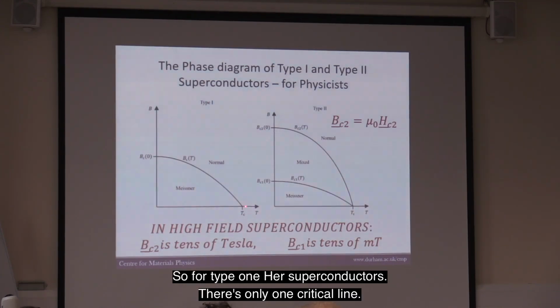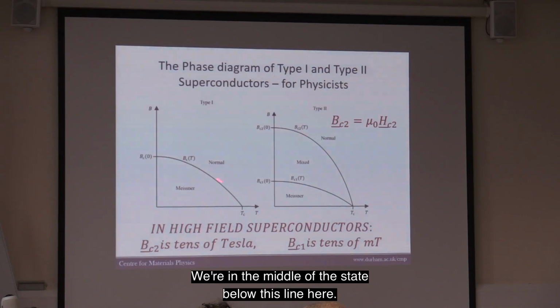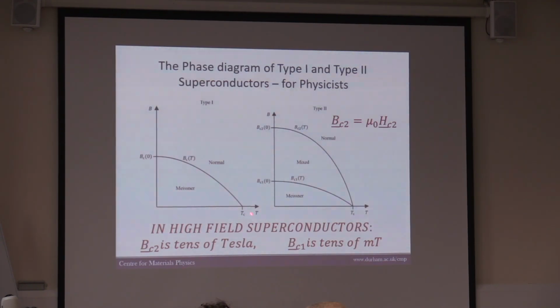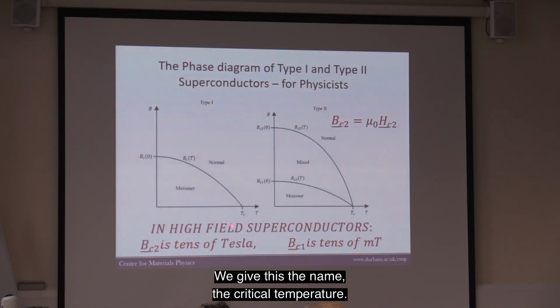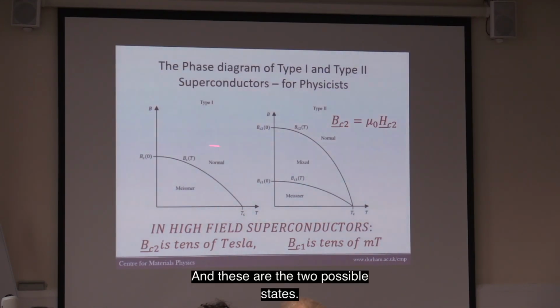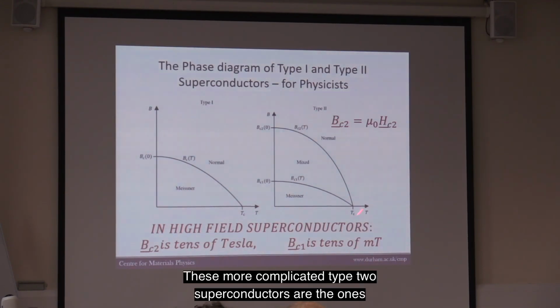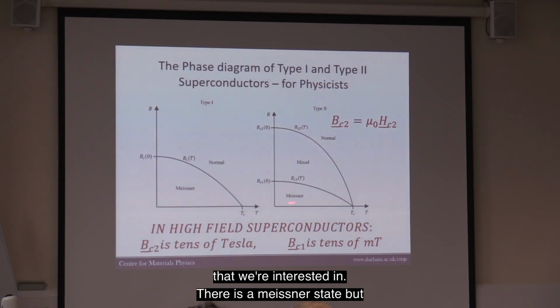So for type 1 superconductors, there's only one critical line. We're in the Meissner state below this line here. This is the field versus temperature plot. We give this the name, the thermodynamic critical field. We give this the name, the critical temperature, and these are the two possible states. These more complicated type 2 superconductors are the ones that we're interested in.